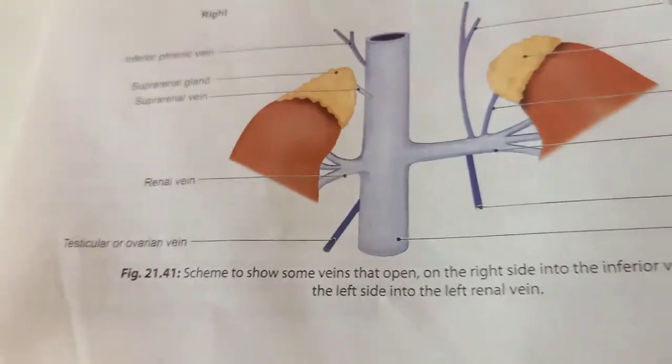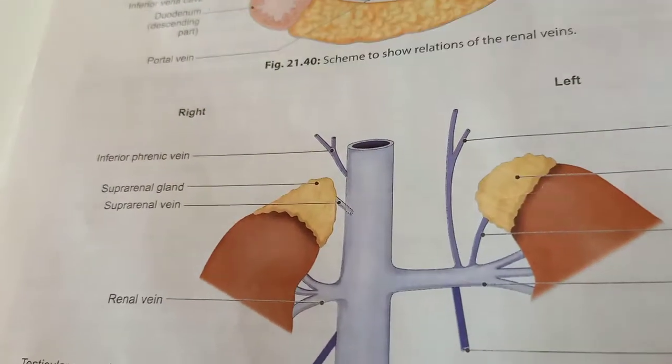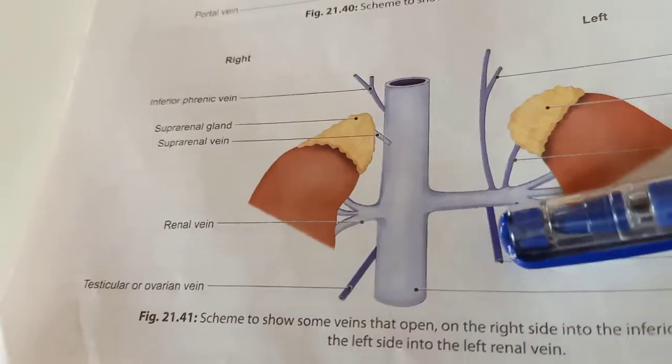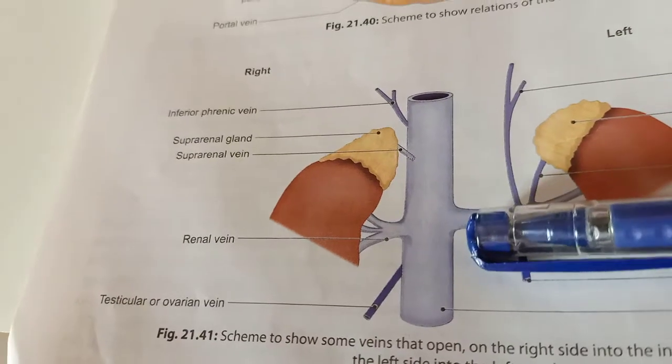Which are those veins? If you see this diagram here, this is the IVC, and this is the right and the left side. You can easily see the differentiating aspect.